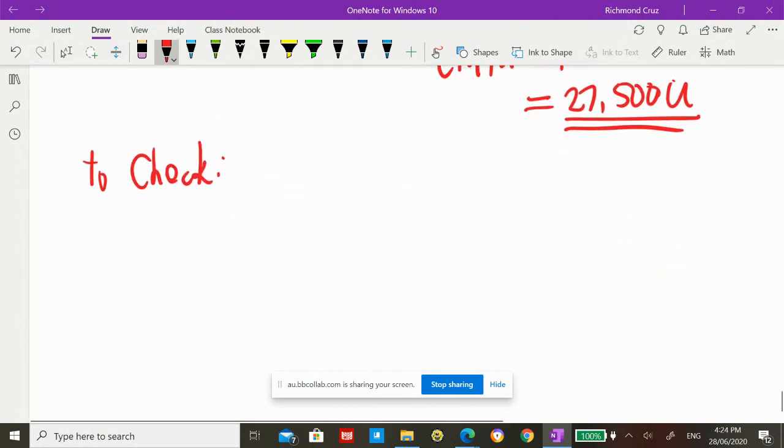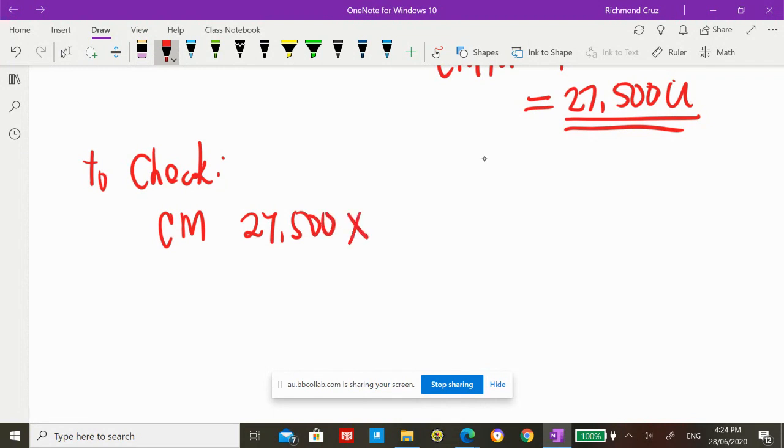If we are correct, pwede na ako mag-start sa contribution margin lang. So this is 27,500 times ko ng 120. Pag multiply ko yan ng 120, that will equal 3,300,000, which is actually our fixed expenses.